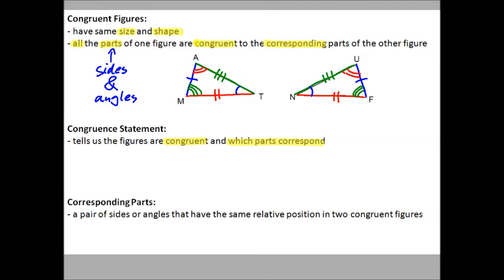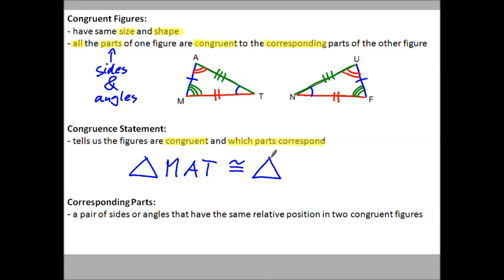So we can write the triangle MAT is congruent to, and now we have to be careful, so we use the denomination of the second triangle in the same order as the one of the first triangle.